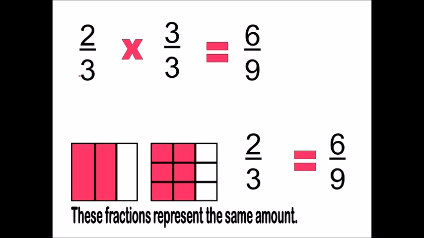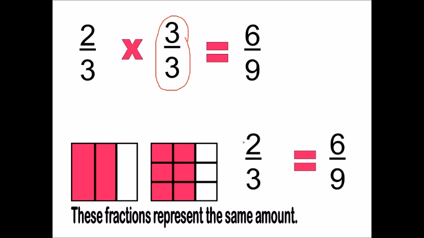Another, if you have 2/3 and you multiply this by 3/3, remember again this is equivalent to 1, so you'll have 2 times 3 is 6, 3 times 3 is 9. So therefore 2/3 is equivalent to 6 over 9.